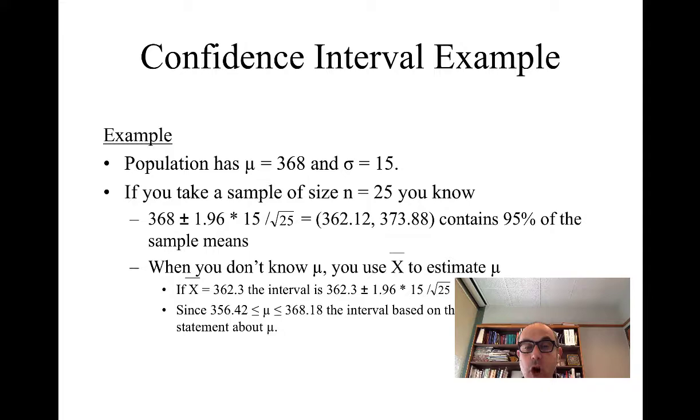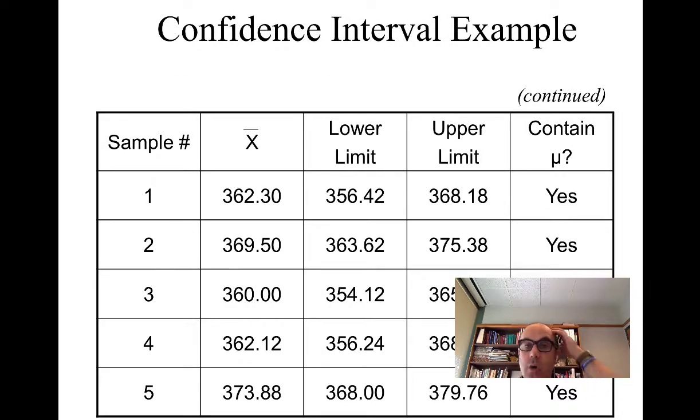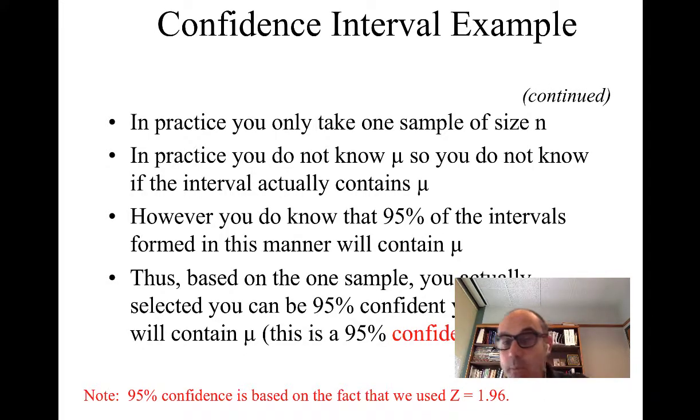When you do not know the population mean, you use X hat to estimate the mean, and this is the procedure we use to find it. So this is where we come up with the idea of X hat, lower limit, upper limit, and whether they contain the mean or not. I hope it makes sense.